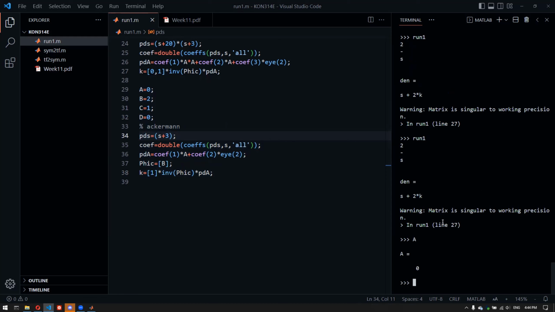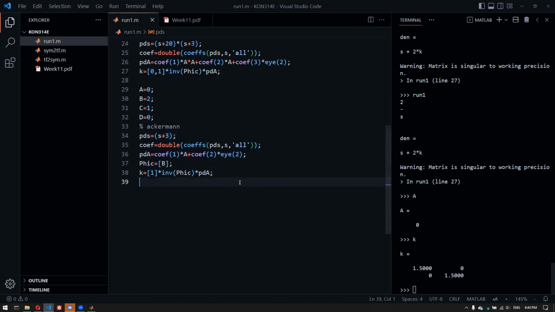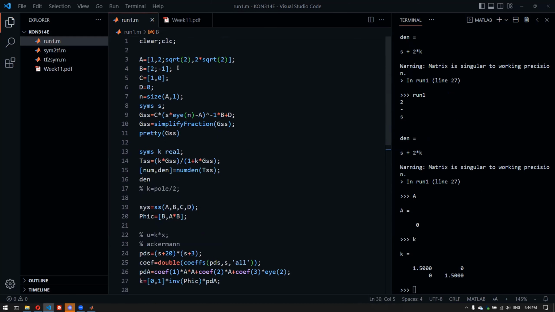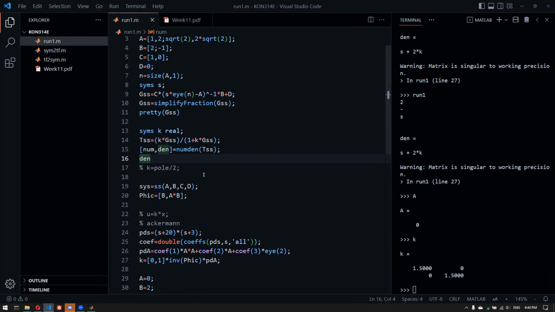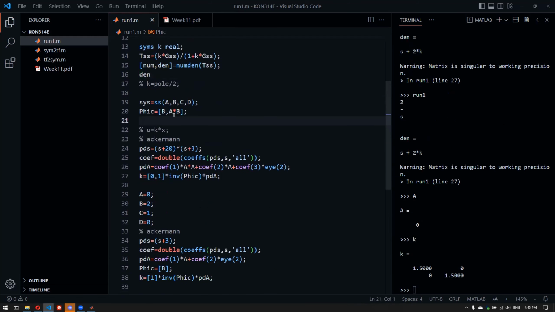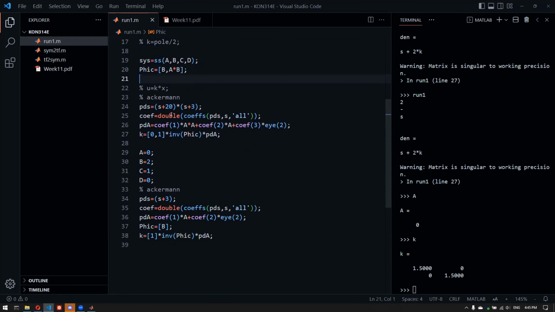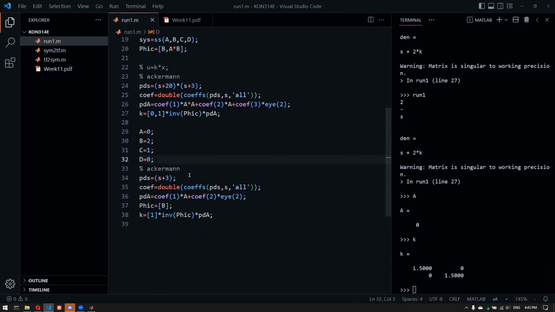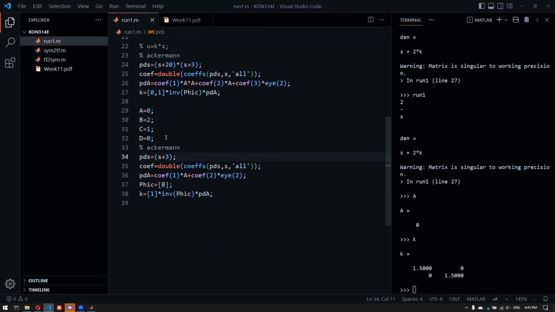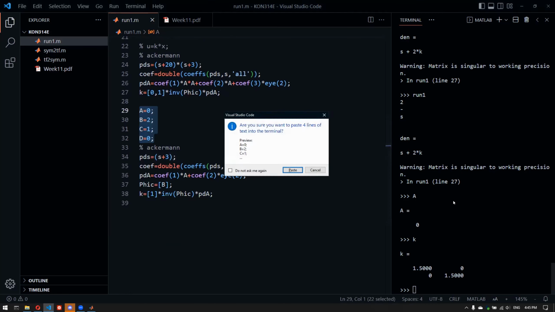So now it says the right thing, but am I missing something here? So this is basically the part. We get the denominator. We couldn't assign stuff here. But then I'm redefining A, B, C, D. For some reason, it doesn't work then.